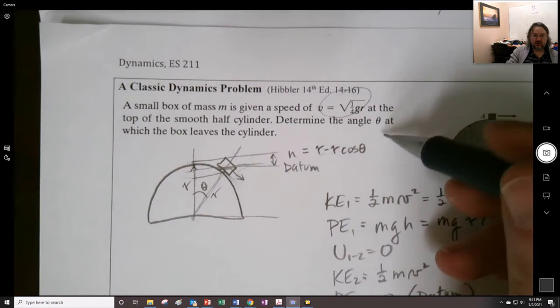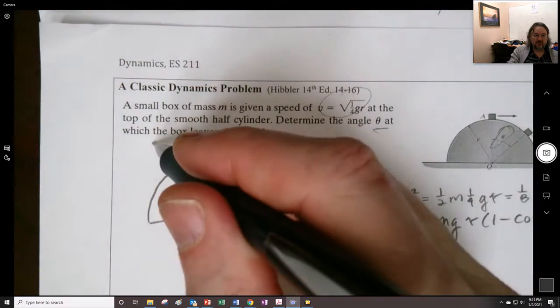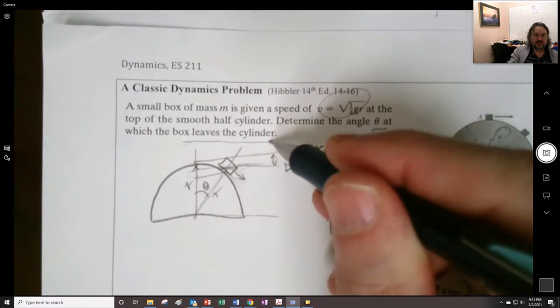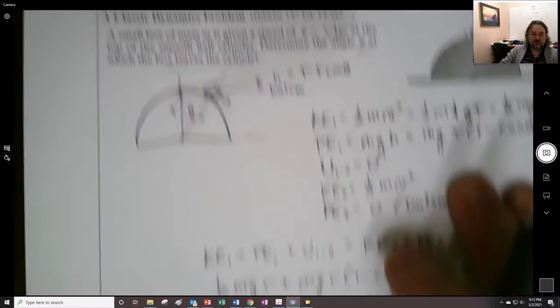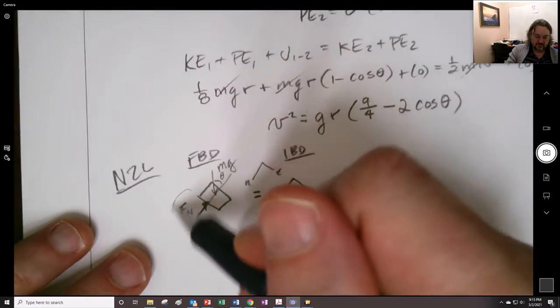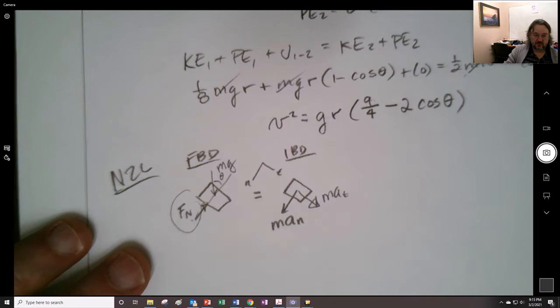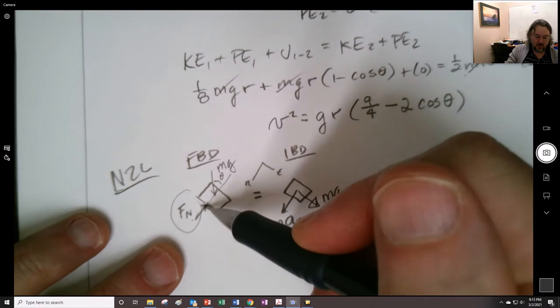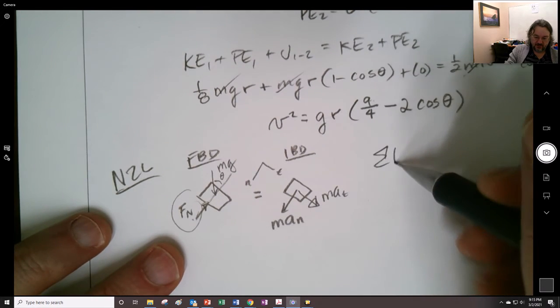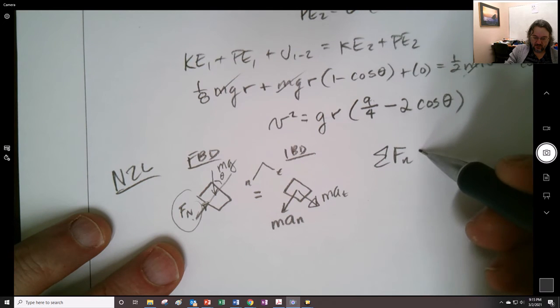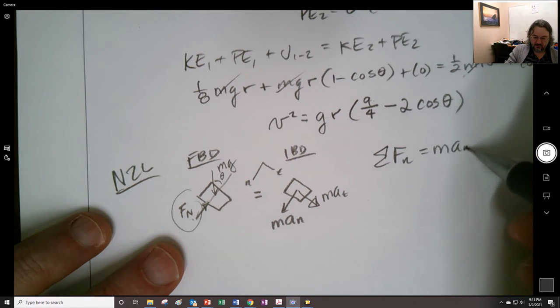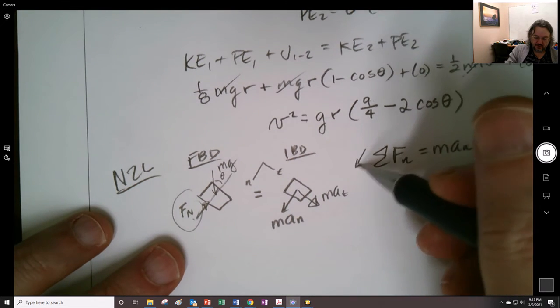Well, the central idea: determine the angle at which the box leaves the cylinder. What is special about that point? That goes away. So all that's left right here is, let's just say in the normal direction, mass times acceleration in the normal direction, this is going to be positive.